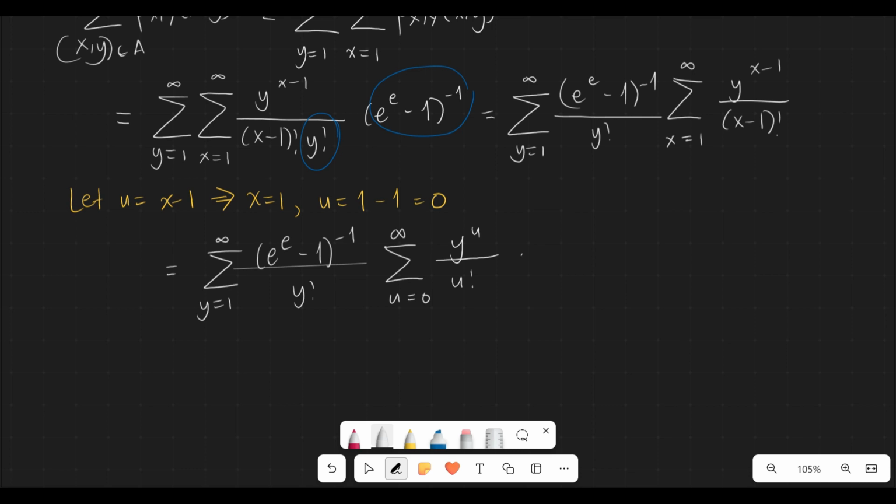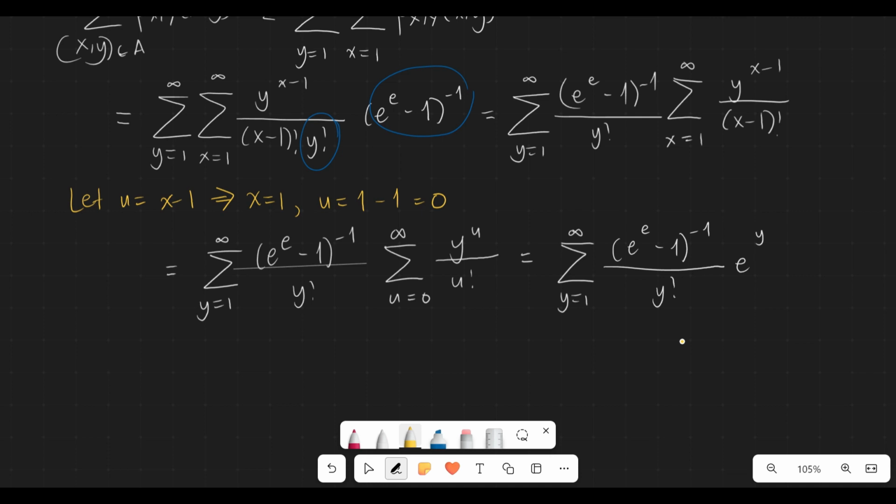So now we can rewrite the summation as the summation where y is from 1 up to infinity of e raised to e minus 1 raised to negative 1 divided by y factorial times e raised to y. Now, tatanggal na natin yung isang summation and now we only need to sum up over y.